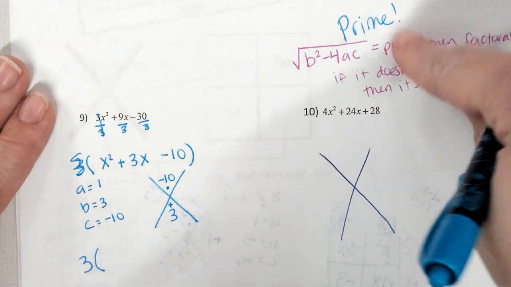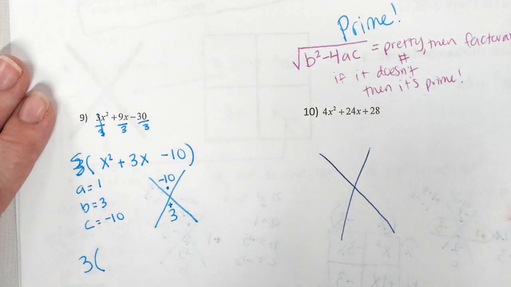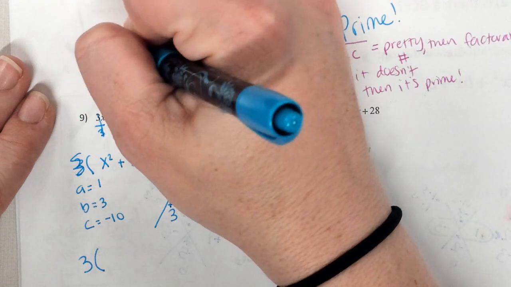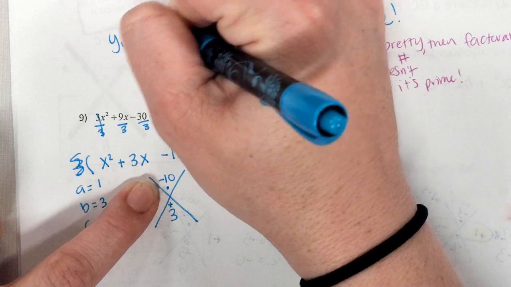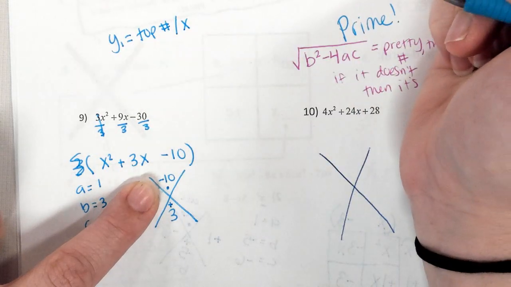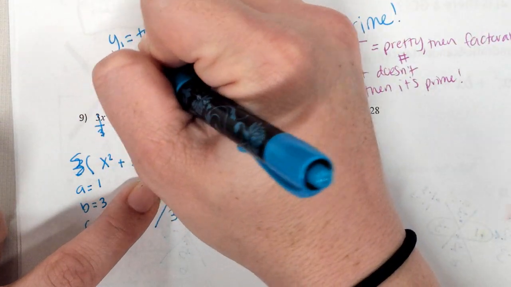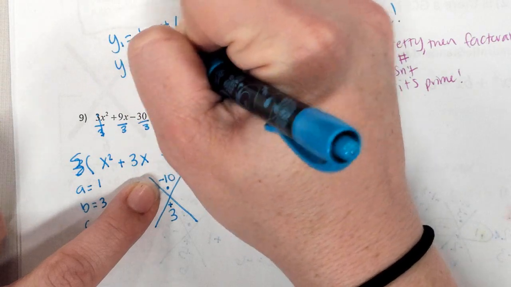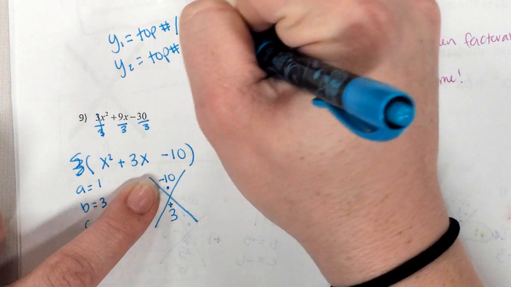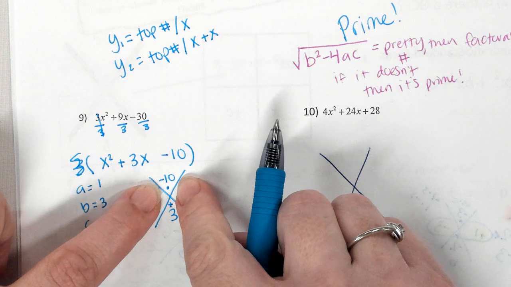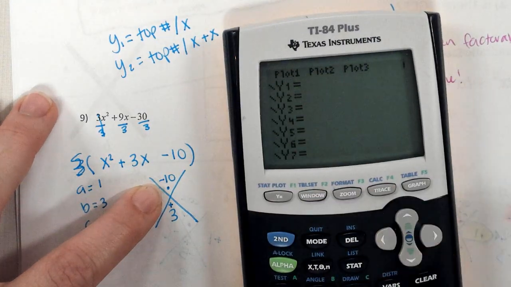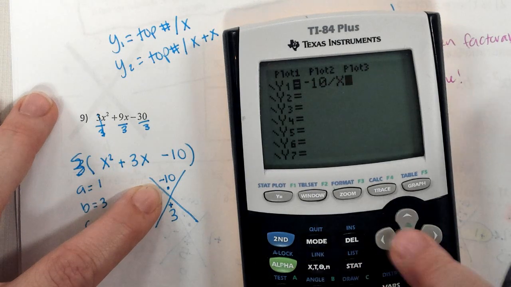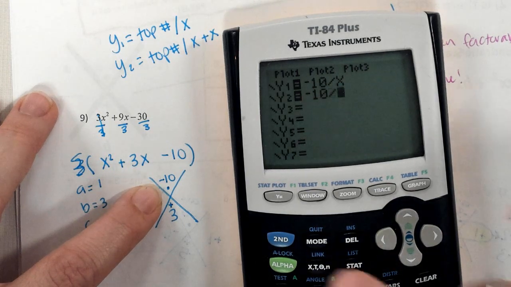You can go to your Y1 and type your top number divided by x, and then in y2, type your top number divided by x plus x. My top number on this one is negative 10. So I'm going to do negative 10 divided by x, and negative 10 divided by x plus x.